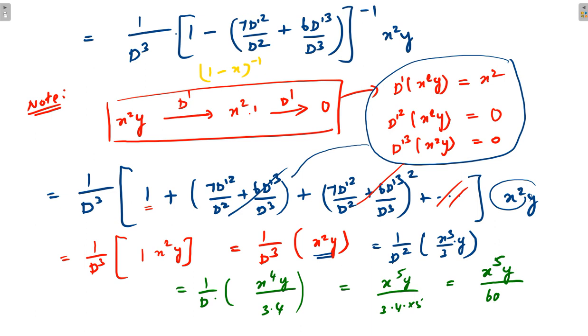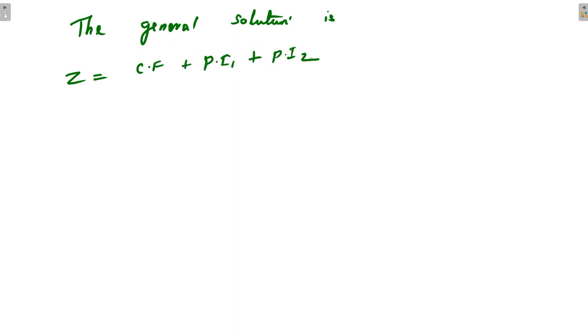Right? So this is the particular integral for x squared y. So the general solution is z equal to CF plus PI1 plus PI2.